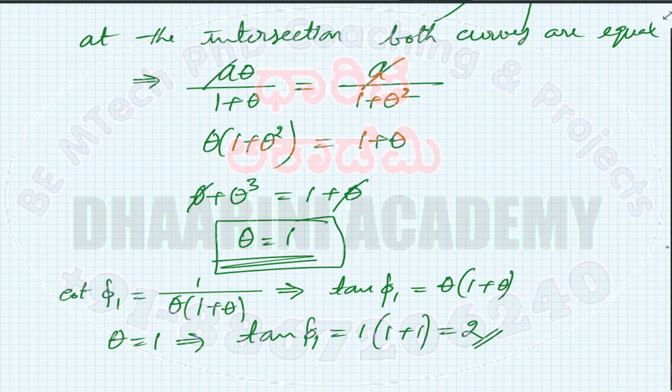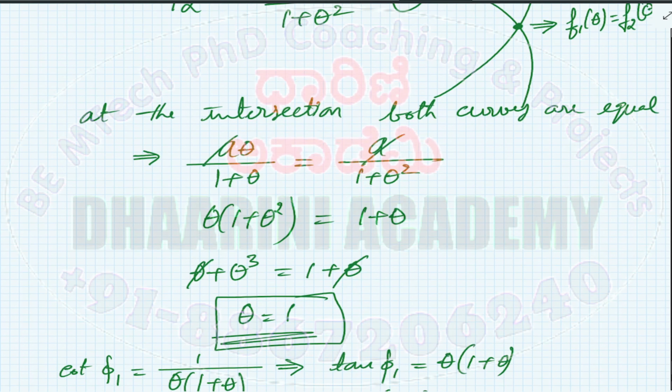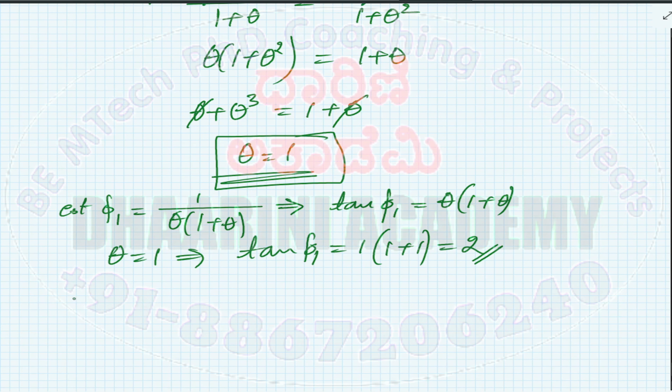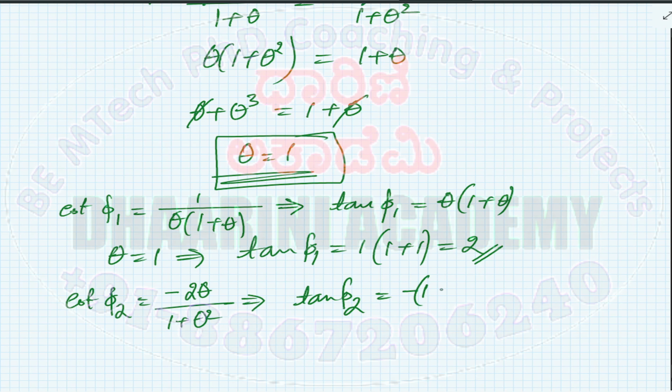Okay, similarly, let's go to the second angle, that is cot phi 2. So we know that cot phi 2 is equal to minus 2 theta by 1 plus theta squared. This implies I can find tan phi 2 as the inverse. The inverse is minus of 1 plus theta square divided by 2 theta.